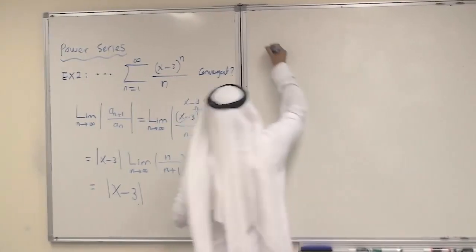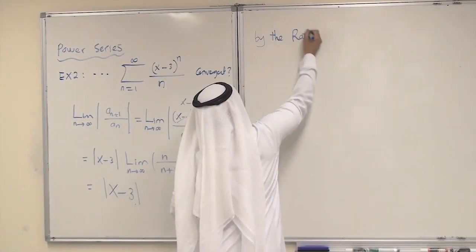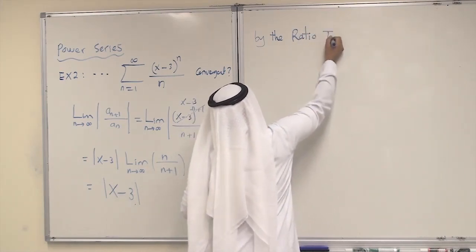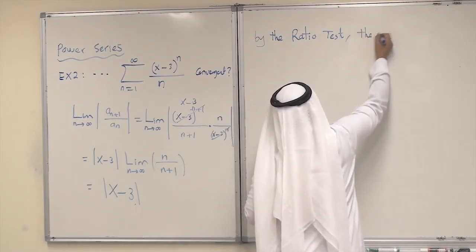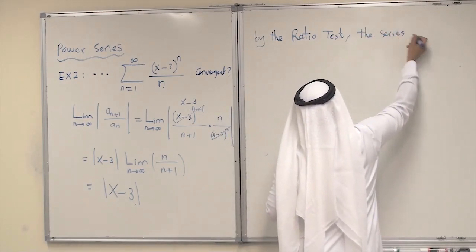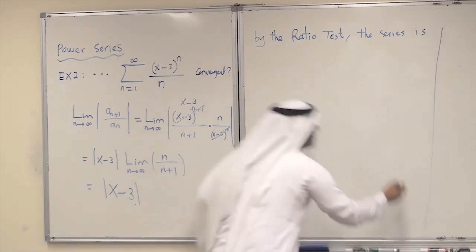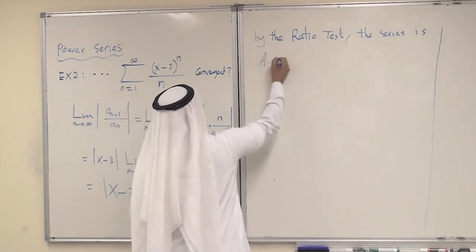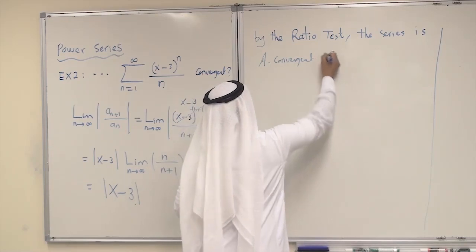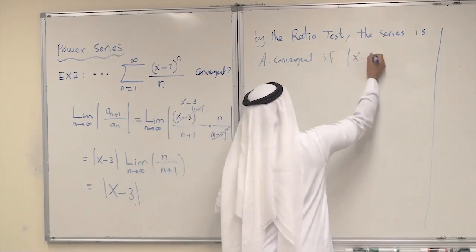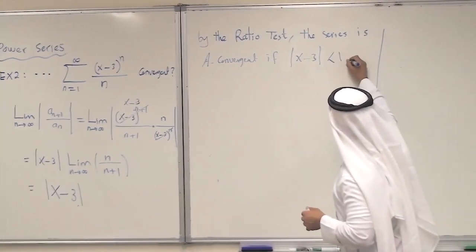So by the ratio test, the series is not only convergent, it is absolutely convergent if the absolute value of x minus 3, which is the limit of a_(n+1) over a_n, is less than 1.